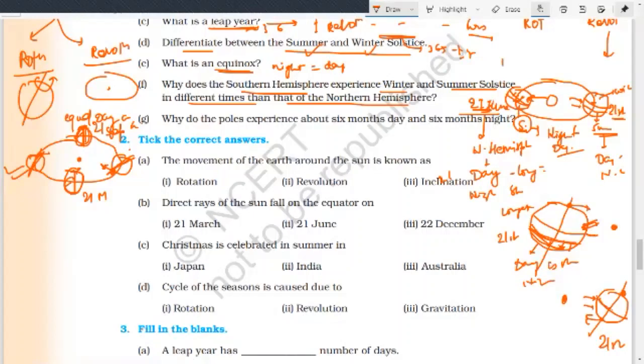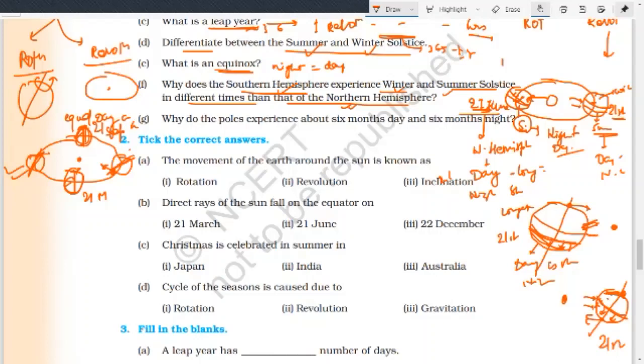Days are longest in the southern hemisphere and night is shortest there. The opposite situation takes place in the northern hemisphere because it is farther from the sun at this position. So this is the idea of the southern hemisphere experiencing winter and summer solstice opposite to the northern hemisphere. When the northern hemisphere experiences summer solstice, at the same time the southern hemisphere experiences winter solstice.